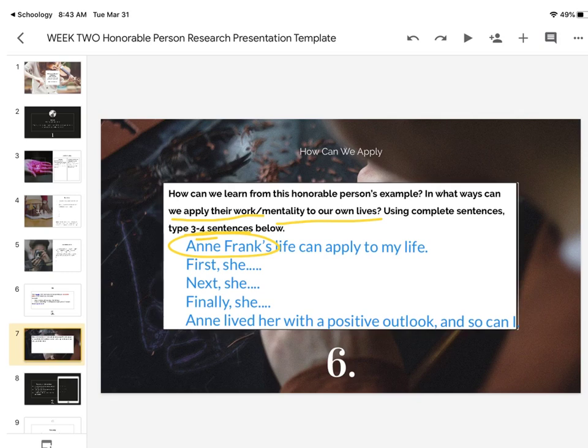She was hopeful and believed that people were generally good at heart. Finally, she was thoughtful. She had Hanukkah gifts for everyone, and she thought of everyone's needs in front of her own. All of these things are things that I could do in my life as well. Anne lived her life with a positive outlook, and so could I. So come up with something that your person did and try to relate it to your own life.